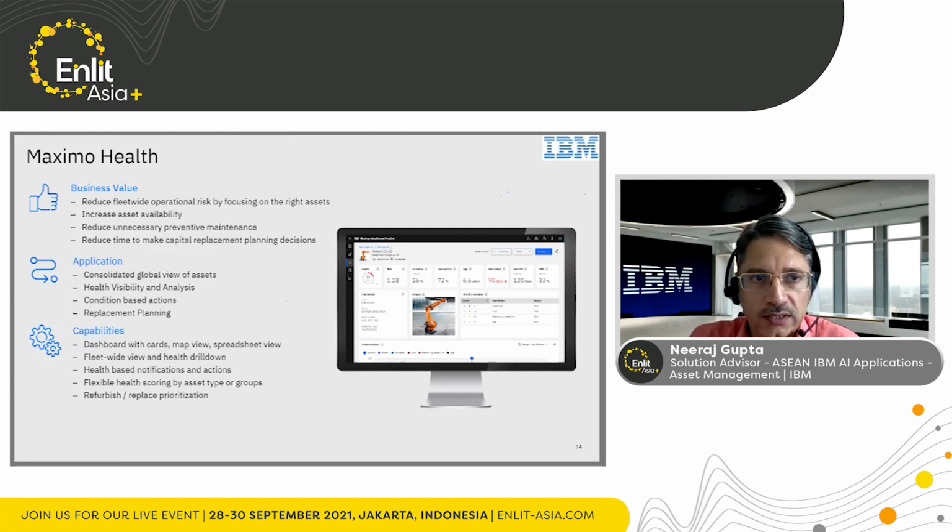Now with Maximo Health, out of those 1,000 assets, if I know that only 200 assets, 20%, require more attention and 800 assets are already in good health, I really don't need to spend my resources on those 80%. So I can focus my resources and energy on maintaining those 20% to improve overall asset availability. That's the key benefit here.